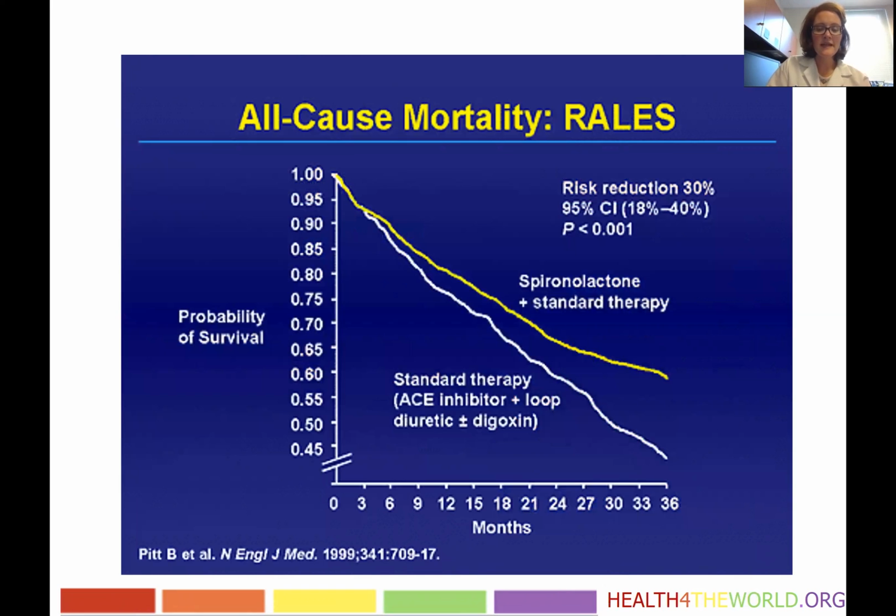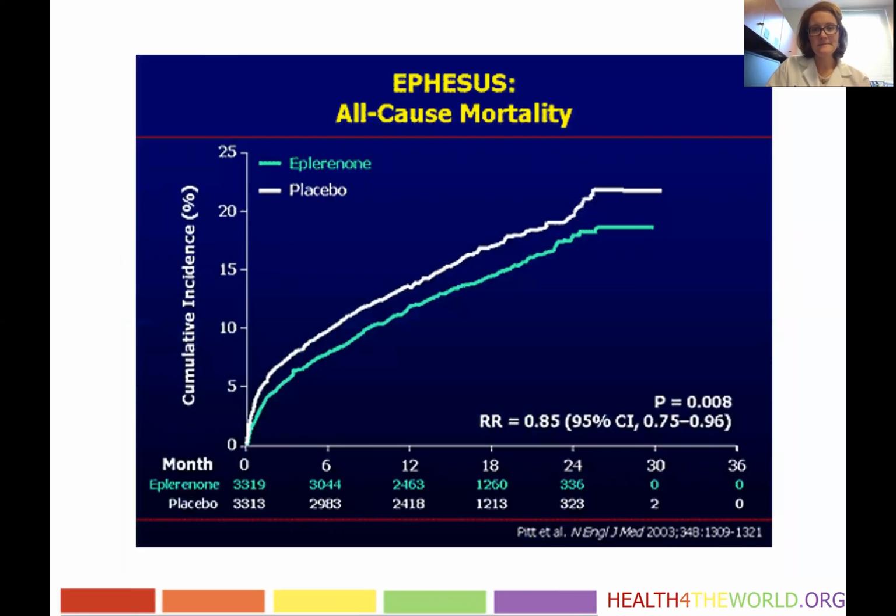And the RALES study is probably the oldest study, in 1999, looking at spironolactone. This was in patients with more significant heart failure symptoms, but they had about a 30% risk reduction of death with the use of spironolactone plus standard therapy.